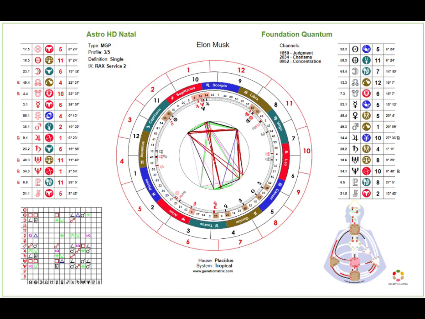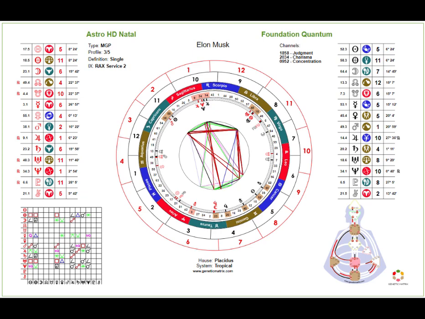Well, we know that's not the case. Activations in undefined centers come and go. The quality of that activation in the undefined center is sometimes there and sometimes not there. So this is why, looking at this chart relative to the natal quantum video, a lot of things have changed.